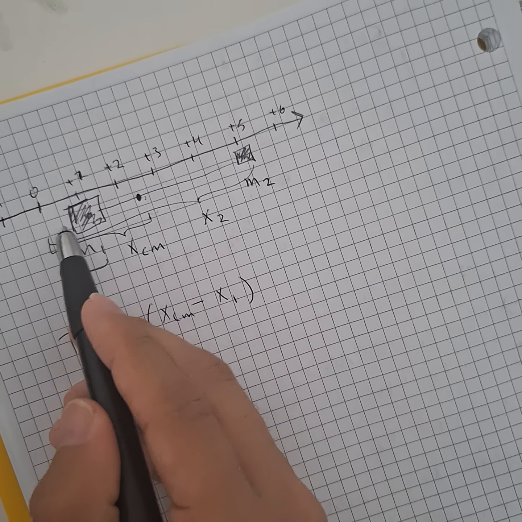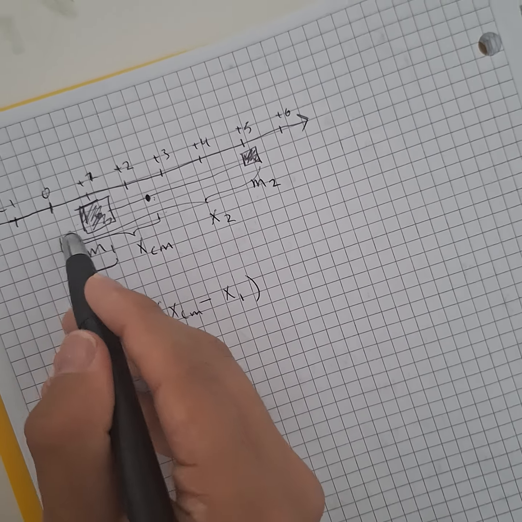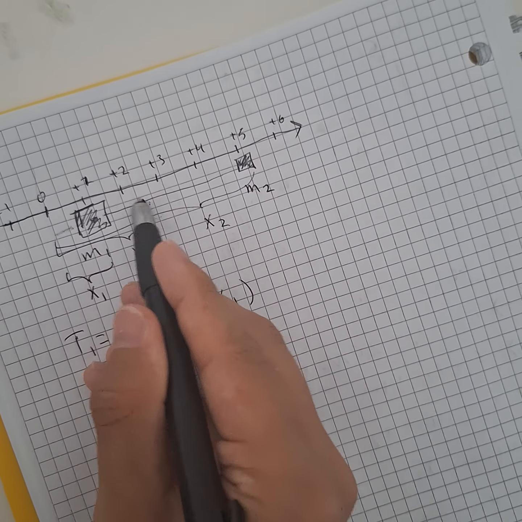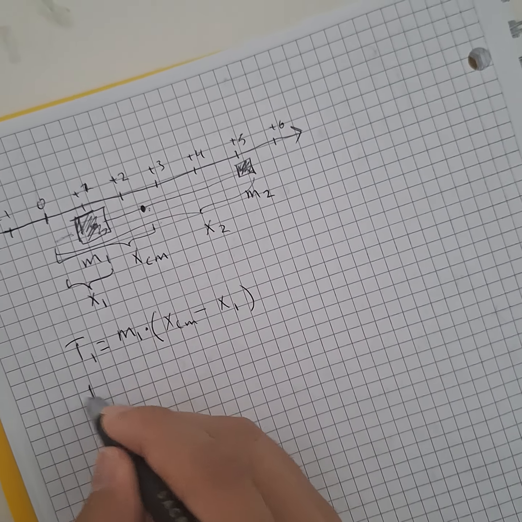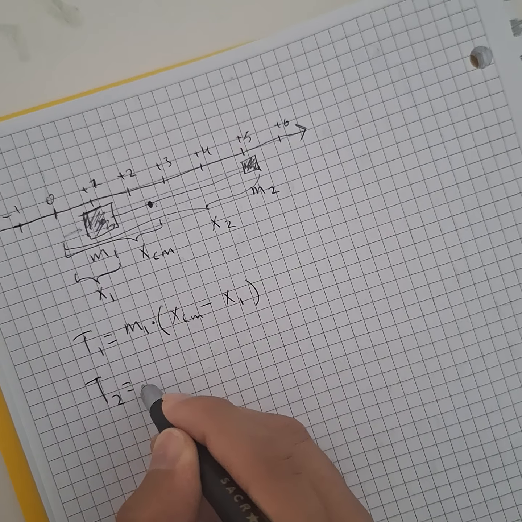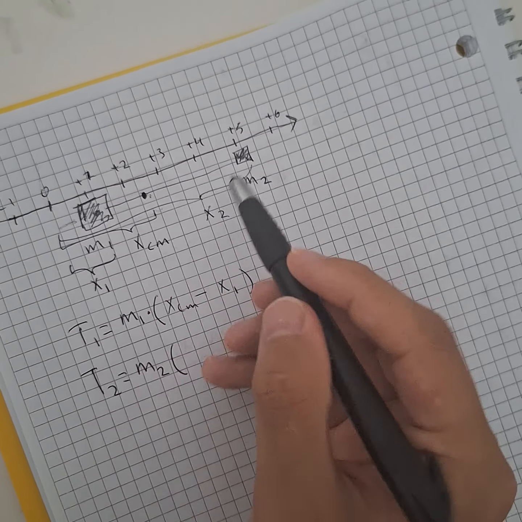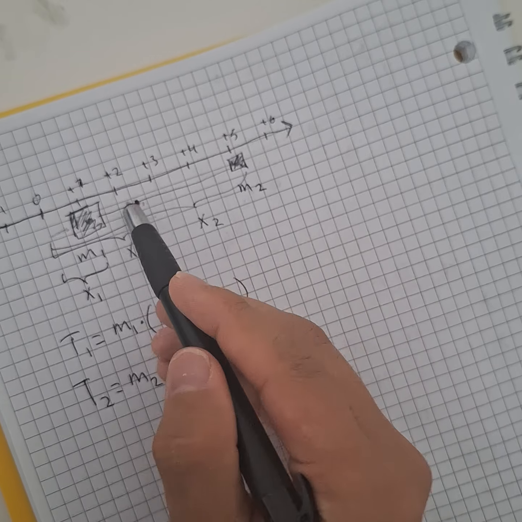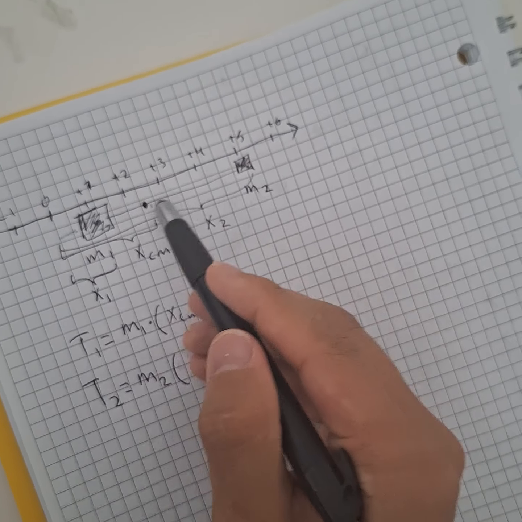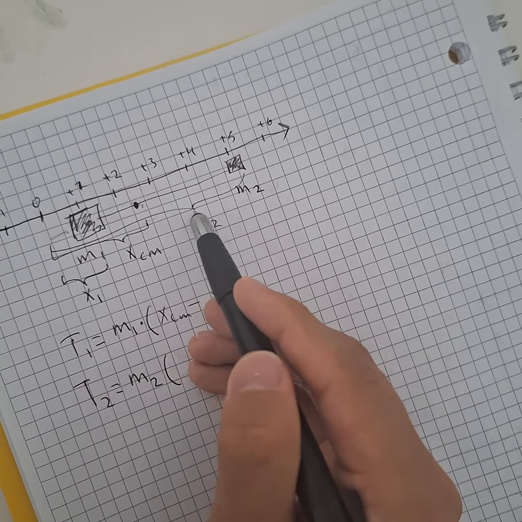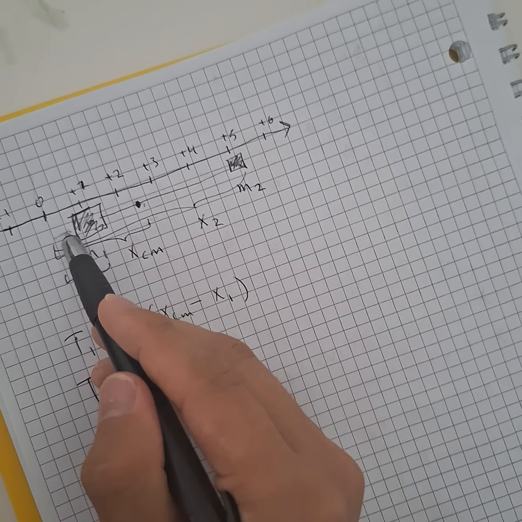Subtracting this small distance from this big distance will give you the distance from the center of mass. The torque for the second object will be m2 multiplied by the distance from the second object to the center of mass, which is x2 minus x of cm.